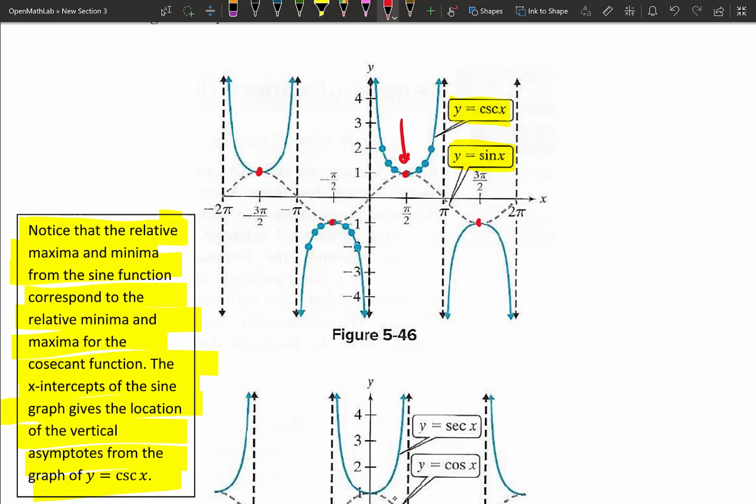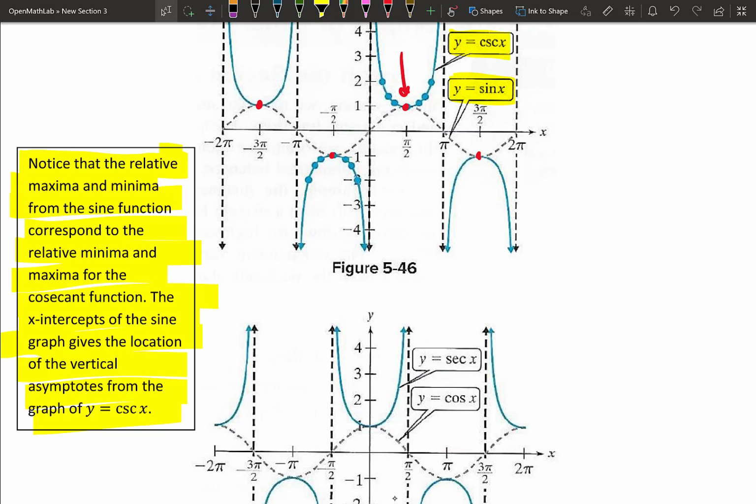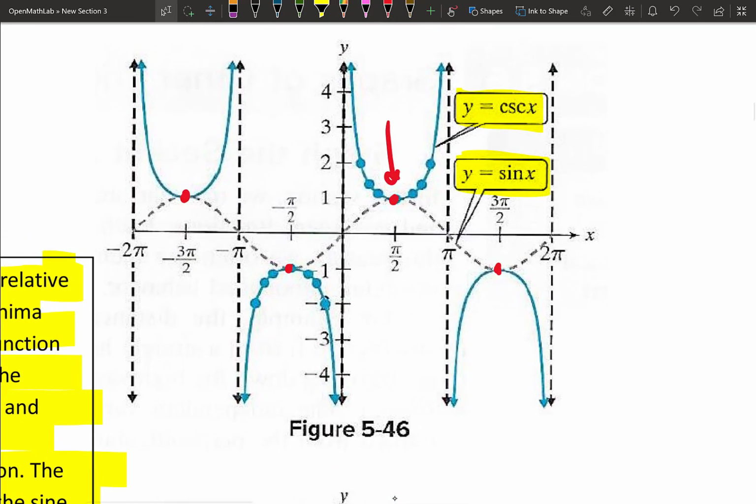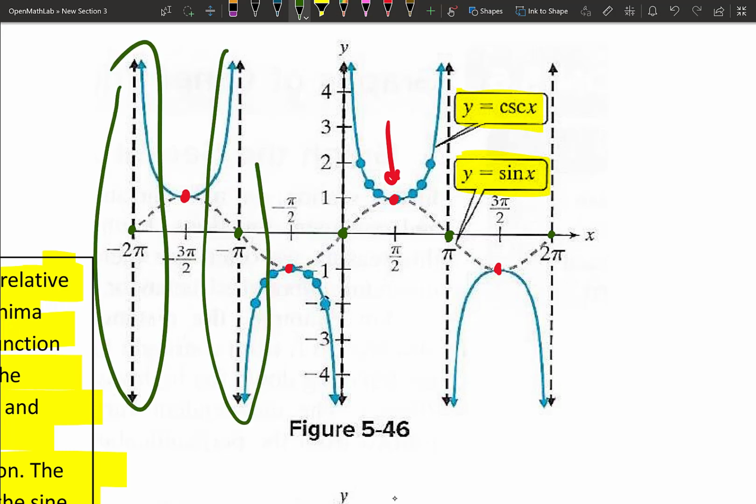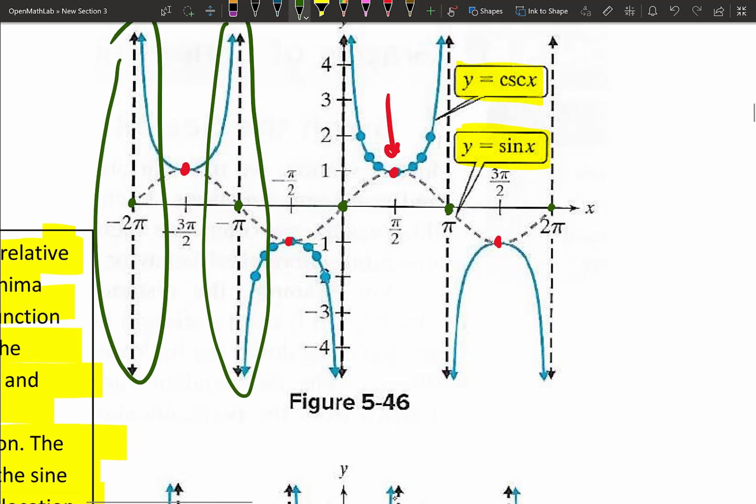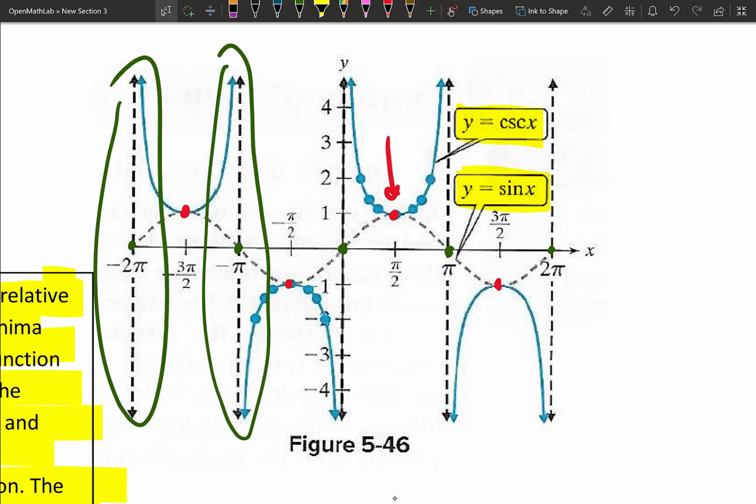Another thing you'll notice is that the x-intercepts of the sine graph give the location of the vertical asymptotes of the graph of y equals cosecant x. Where sine crosses the x-axis, that's where we have these asymptotes. So graphing sine x first will help me graph y equals cosecant x using that relationship.